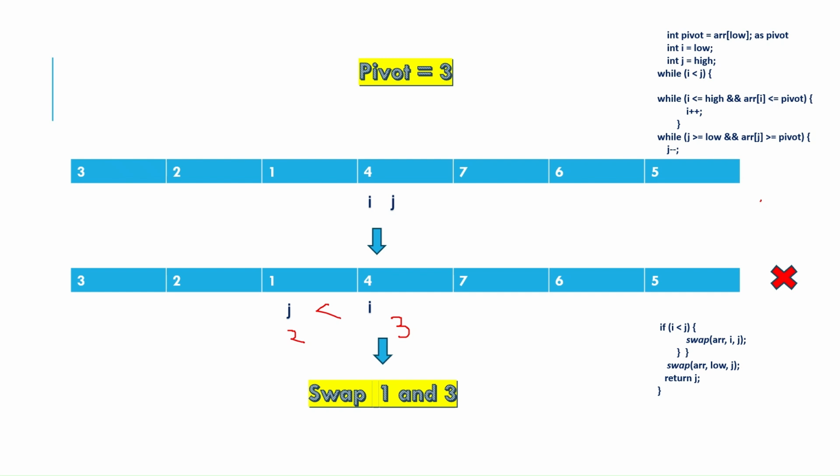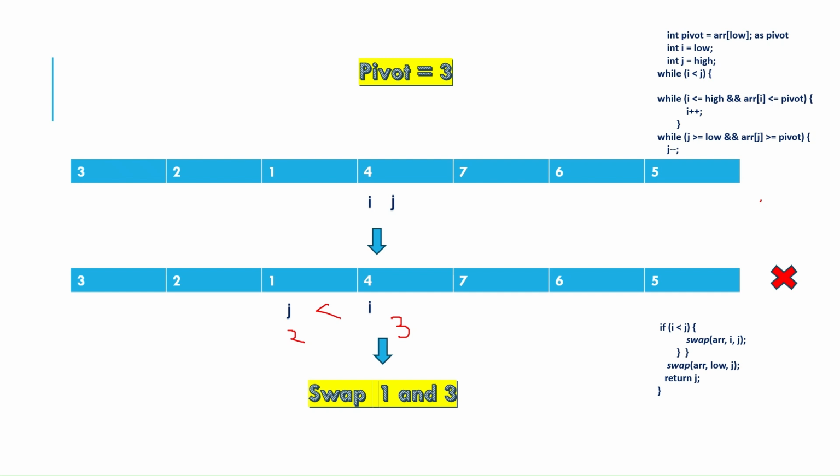If that happens, then this is not a valid case. And if you observe here, this loop will end if j crosses i. So that's the reason we wrote this case before as well.